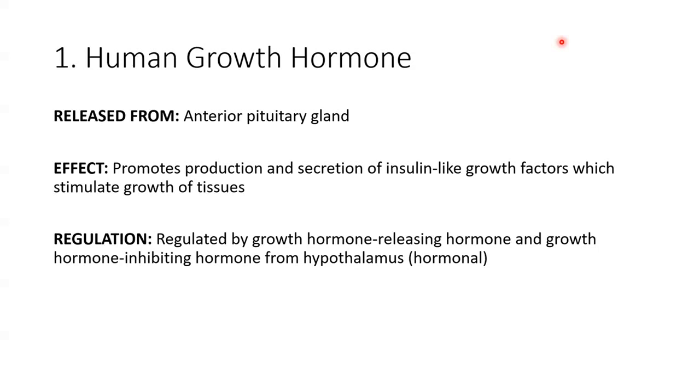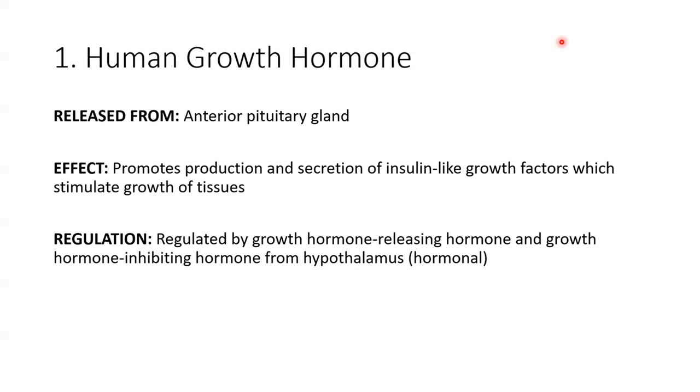In response to human growth hormone, cells in the liver, skeletal muscles, cartilage, bone, and other tissues secrete these insulin-like growth factors, and these growth factors are what cause cells to grow and multiply in all of these different tissues.